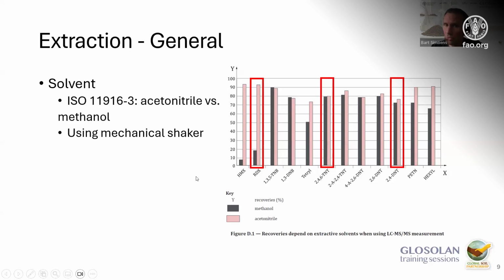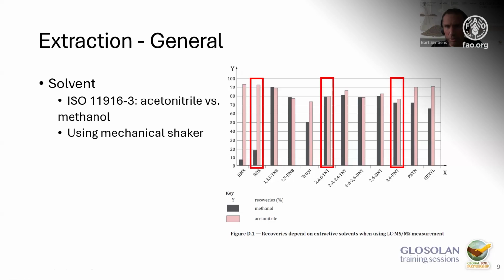So they say if you want to recover RDX from the soil, you have to use acetonitrile. That was a little bit worrying for us, because when we did tests with acetonitrile as the extraction solvent, we noticed that for calibration, for quantification, it was really difficult with the method as we are used to using it.